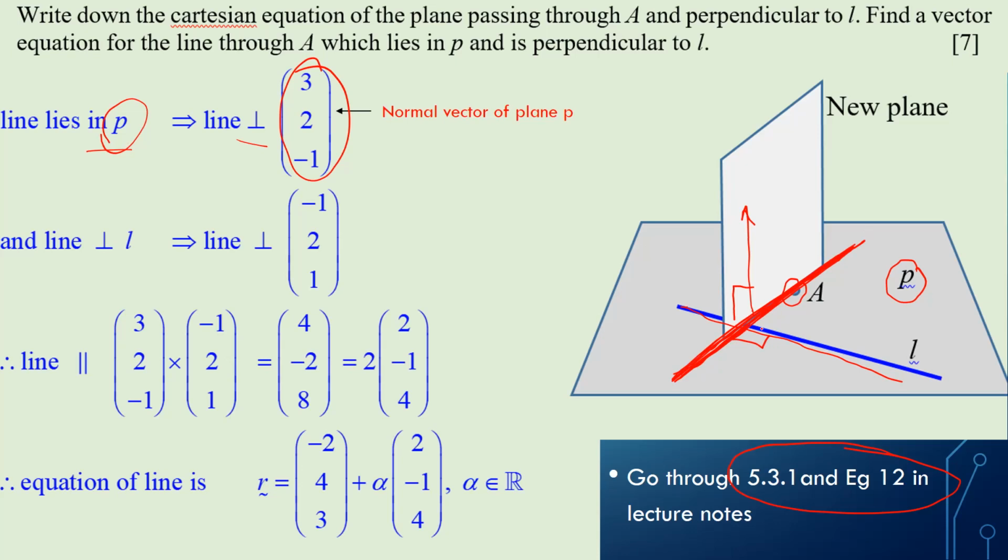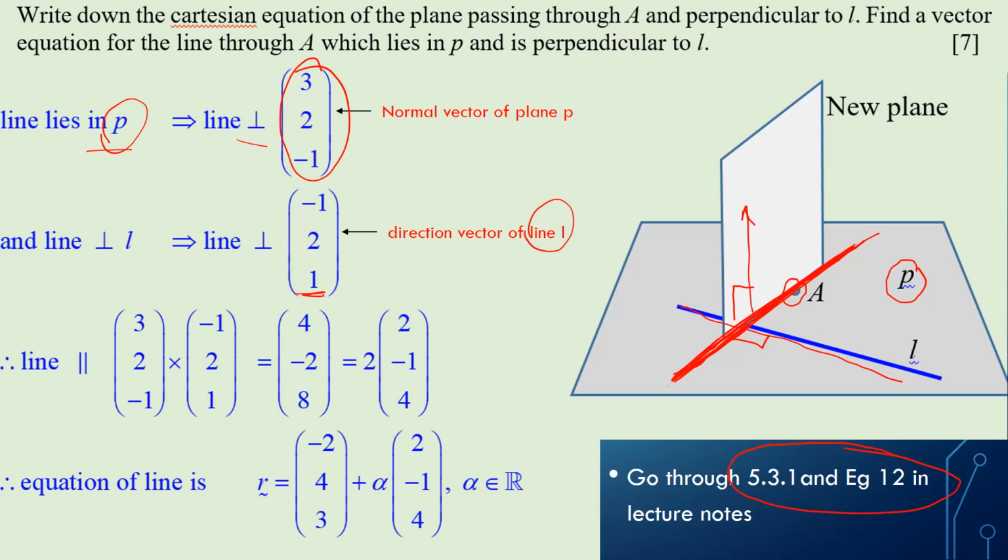So this blue line and this red line, they are perpendicular. So the direction vector of the red line must be perpendicular to the direction vector of the line L, which is minus 1, 2, 1.